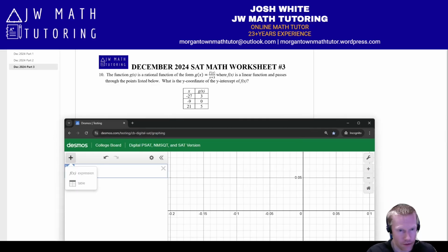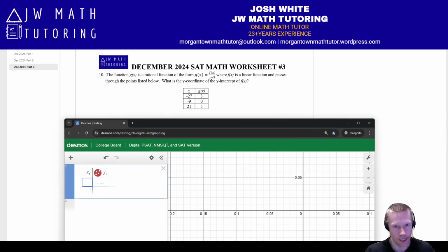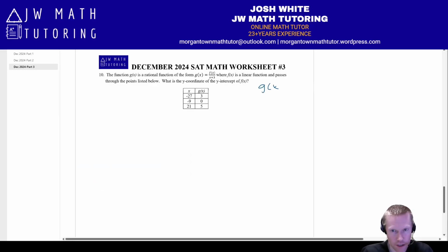So we go to Desmos and we enter a table, but there's one thing that you have to notice, and that is if you rearrange this function, it turns into g of x times x plus 3 is equal to f of x.